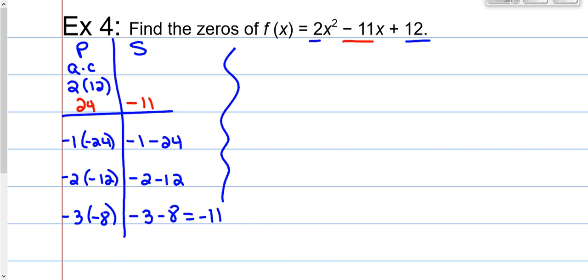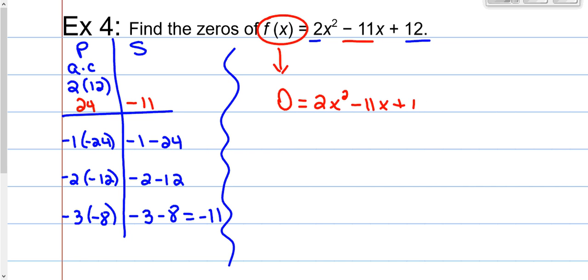I'm going to draw a little squiggly line here just to separate. So I'm going to change this f of x right here to a 0 so that I can factor. So 0 equals 2x squared minus 11x plus 12. In fact, we're going to go ahead and take this and move it over to the other side.